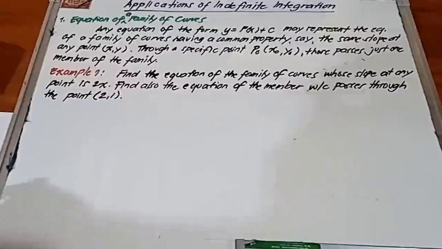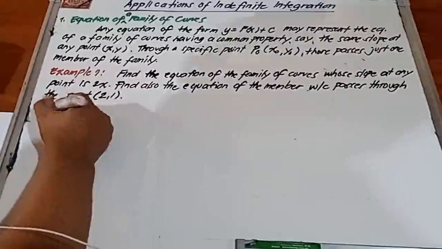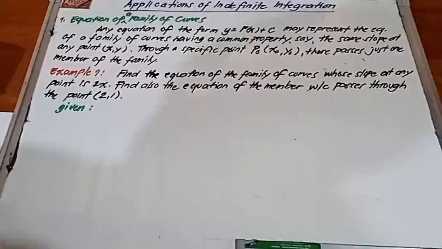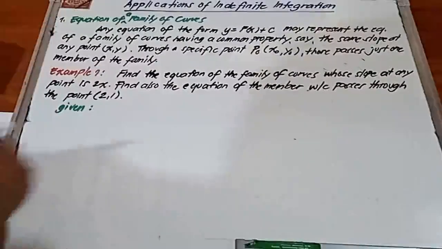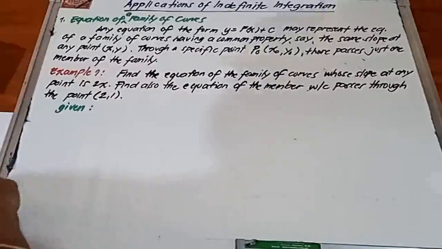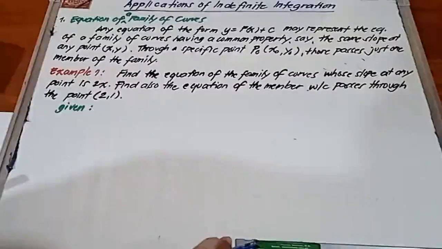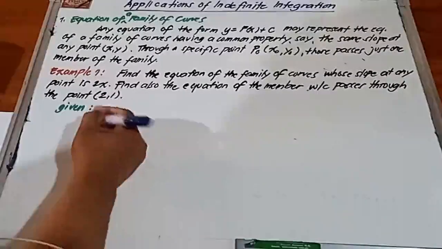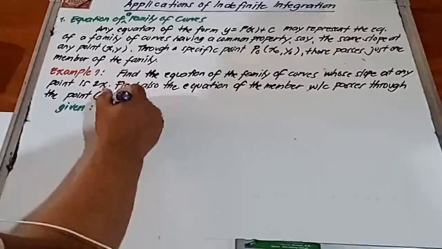Ang given sa atin dito ay slope. Slope ng equation ng family of curves. Ang slope niya is 2x. Slope is actually m equal to dy over dx. Ang given natin ay dy over dx.